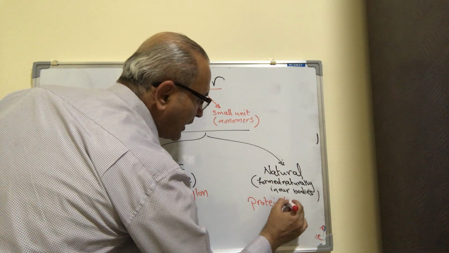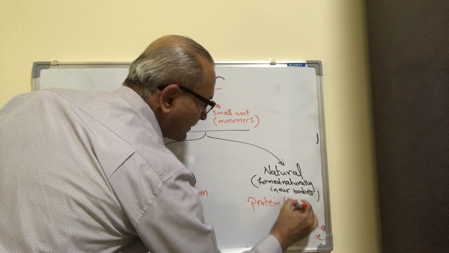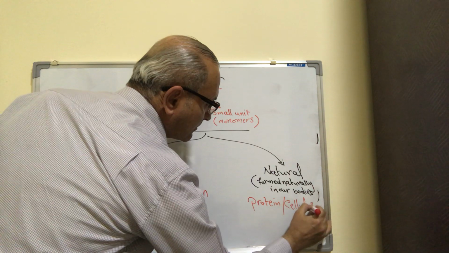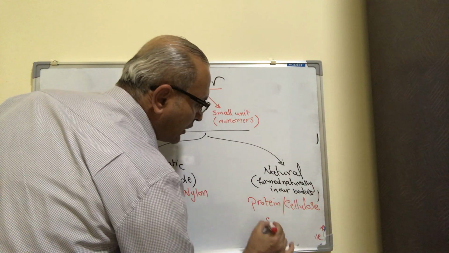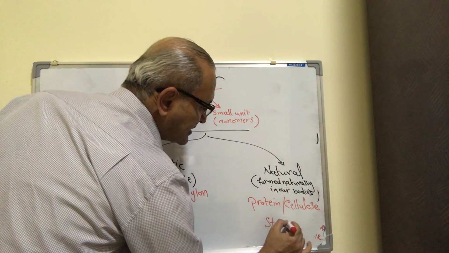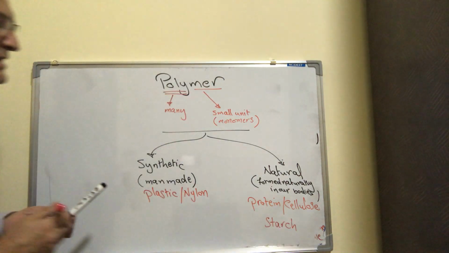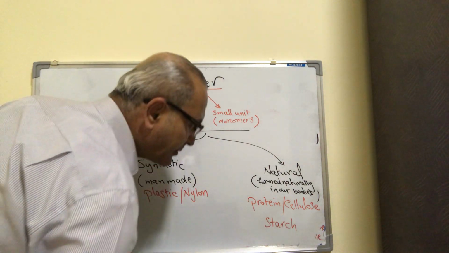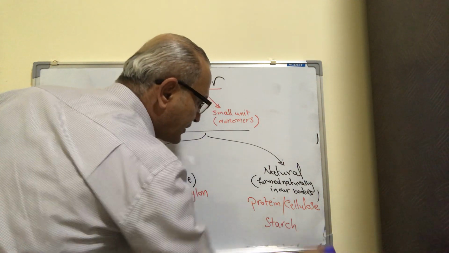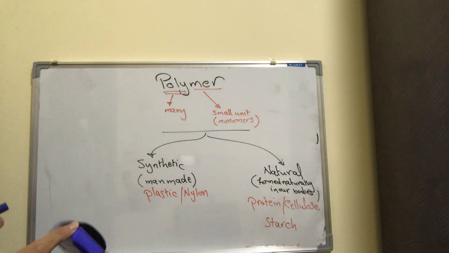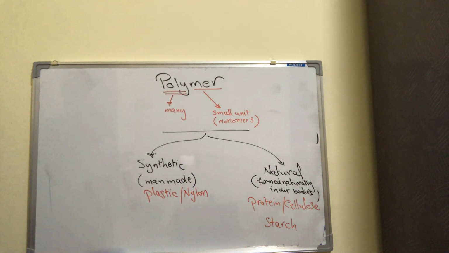Another example is cellulose. You also have starch. These are not the only examples. These are some examples of either synthetic or natural polymers.